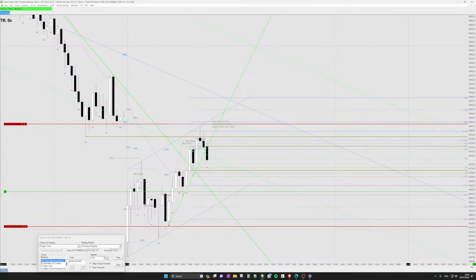Yeah, it tested first time, then it broke it up. Now it's testing and broken back. So it's still holding that bull bar.